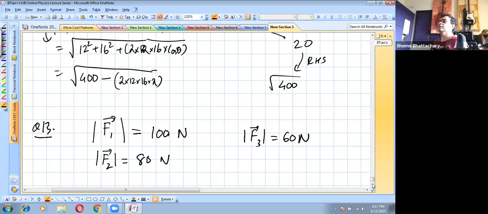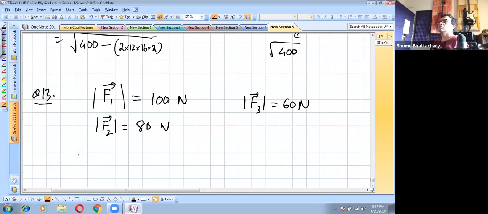Okay. And it's given to you that if all three forces act together on a given body, the net force on that body would be 0. So how you interpret that is that F1 plus F2 plus F3, this vector sum results in nothing. That's a null vector. Okay. So this is the meaning of this statement. So this is what is given to us.